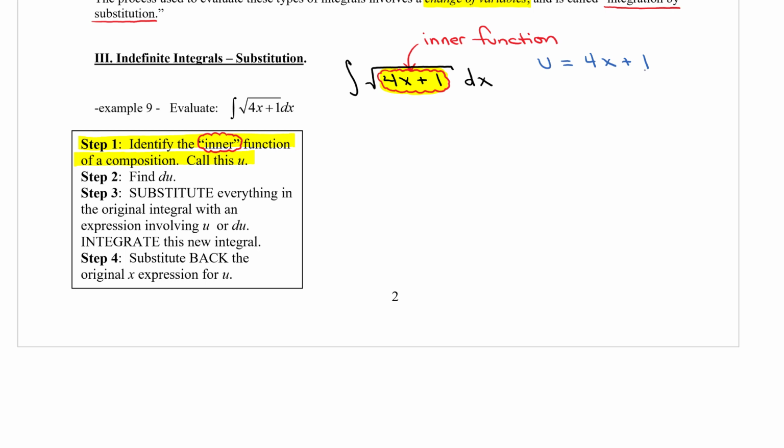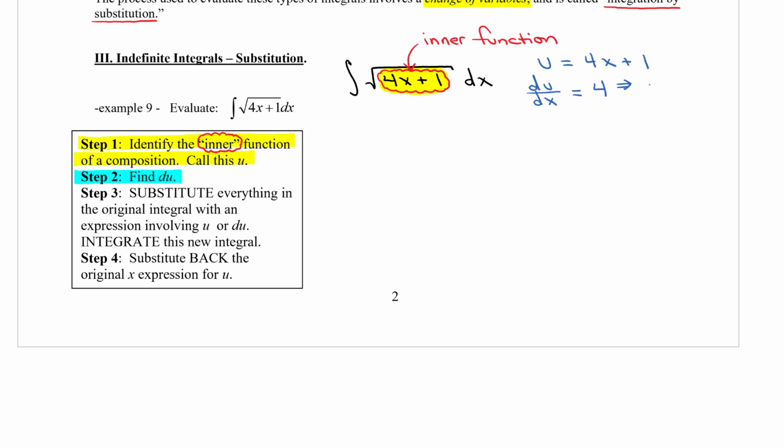So now we're going to go ahead and find our second step here. We're going to find du, which is our step 2. So I've highlighted step 2. Step 2, find du. I'm going to go over here to the right hand side, right under where I wrote u equals 4x plus 1. I'm going to write du dx equals 4, and it's just 4, right?